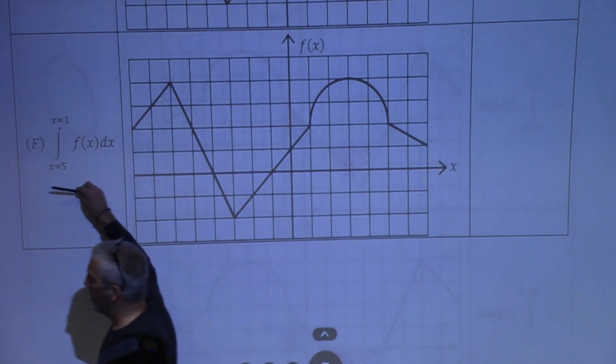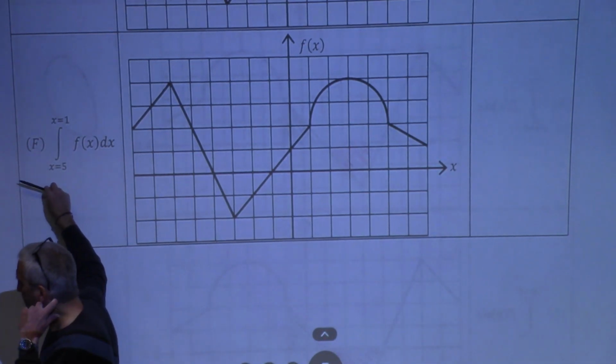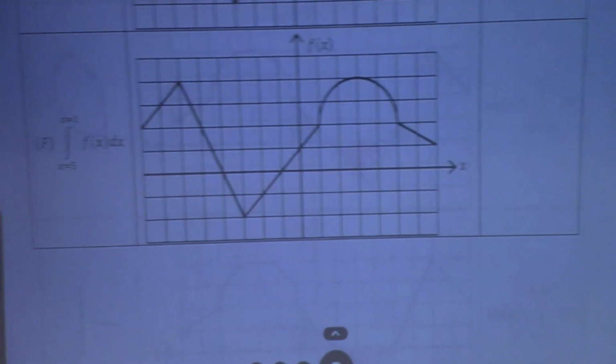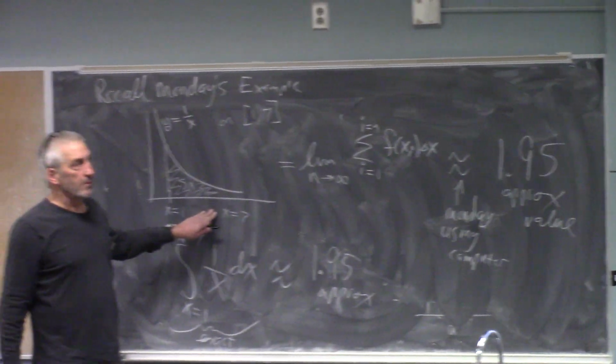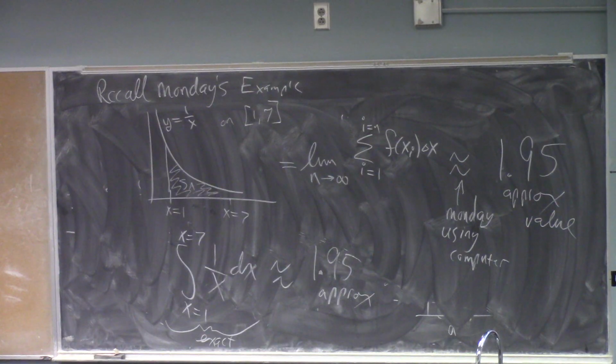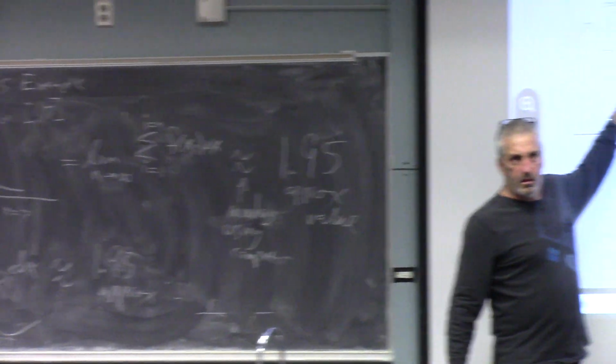Now, I want to end this part of the worksheet by puzzling over this one. Because when we talked about signed area, we talked about the area between the graph of a function on an interval like this. Here's the interval 1, 7. What's the interval here?